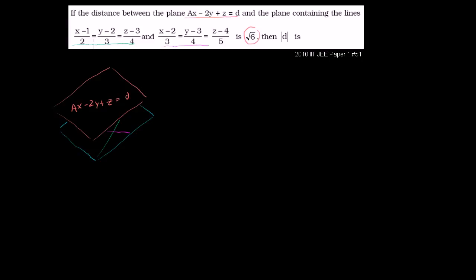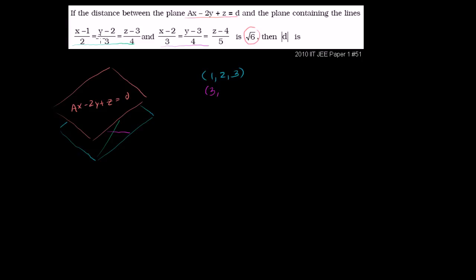So on this green line, if I want all of these to be equal to 0, you'd have the point x is equal to 1, y is equal to 2, z is equal to 3. So you'd have the point (1, 2, 3). That definitely sits on the blue plane. Let's come up with another point. If I want all of these to be equal to 1, if I want this to evaluate to 2, I would have the point 3.